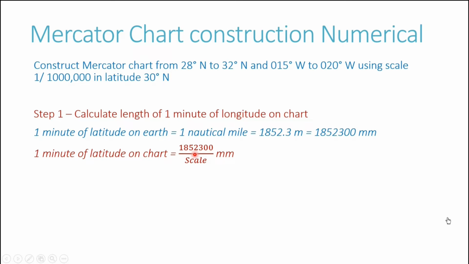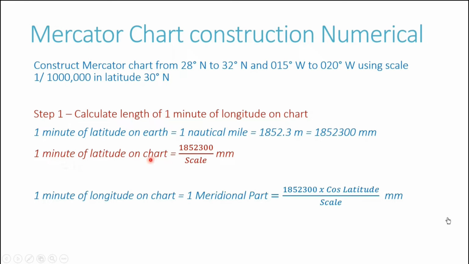So it will be 1852,300 divided by the scale of the chart. Scale basically tells us the ratio of a particular distance on the Earth's surface and on the chart. So we have used the scale here. It will give us the length of 1 minute of latitude on the chart.